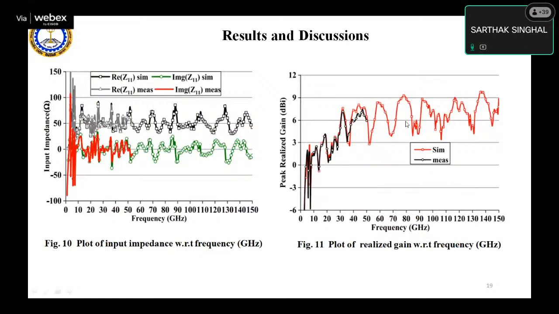It is considered that the gain may reduce at higher frequencies due to the substrate losses and the metal losses. So we might achieve a gain of around 7 to 8 dB at 140 or 150 gigahertz.